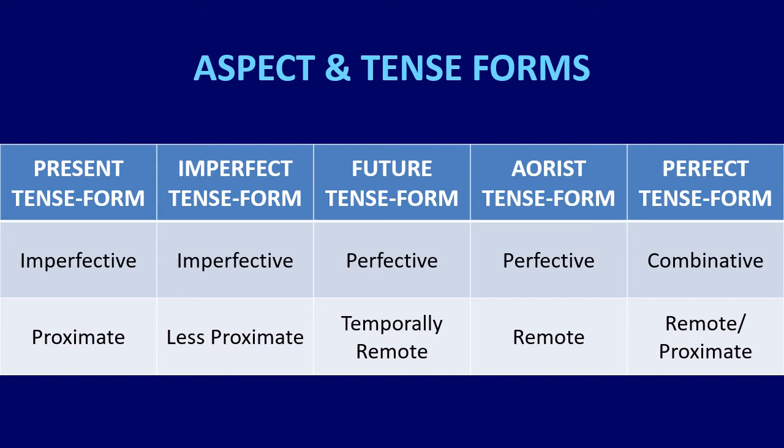I prefer to call it combinative because in some uses of the perfect tense, as we'll see, the emphasis is on the past action. And in some uses, as we'll see, the emphasis is on the present result. And so it's best, I think, to combine those two and say it's a combinative aspect.